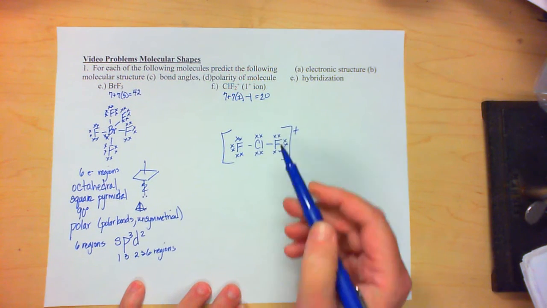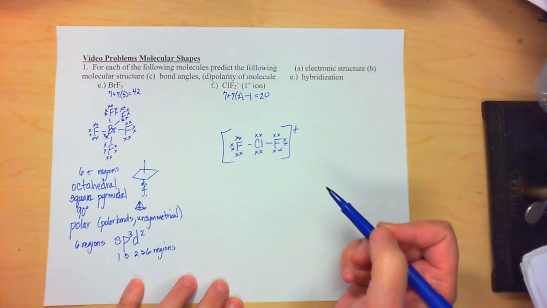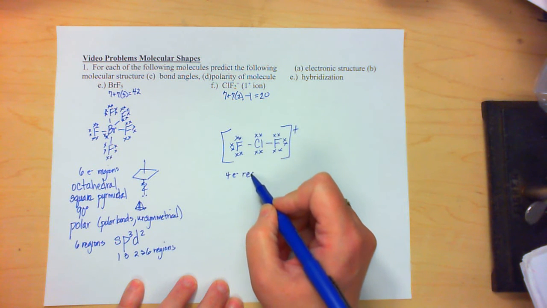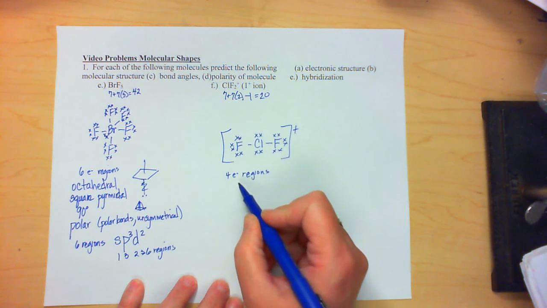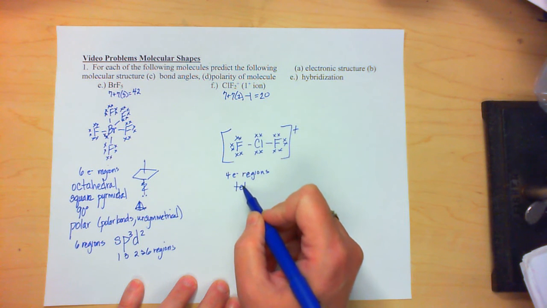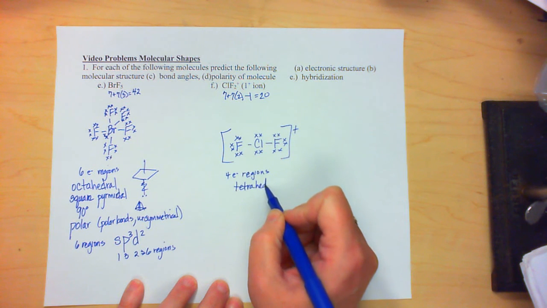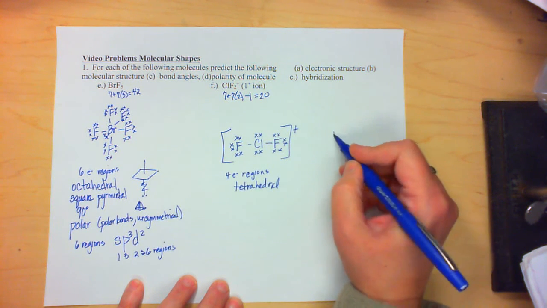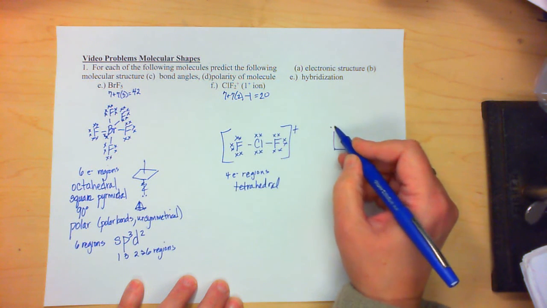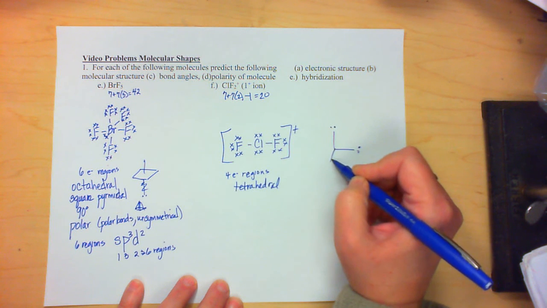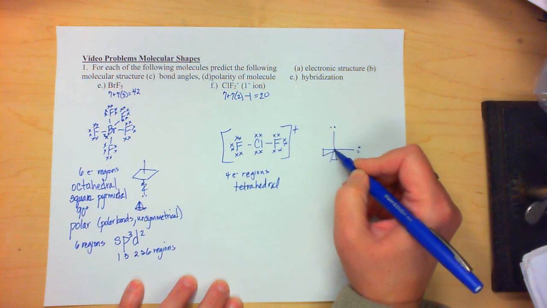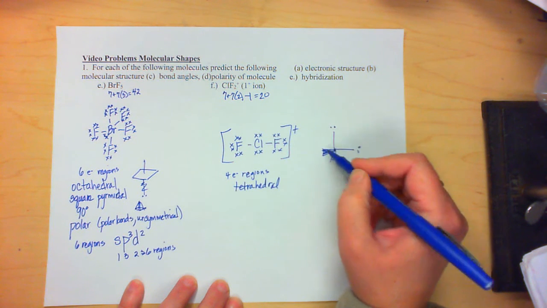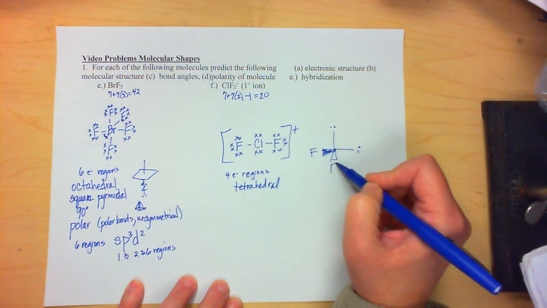Now, if we look at chlorine, which is our central atom, we have 4 electron regions. So our electronic structure is tetrahedral. But if we look at it, two of the regions are lone pairs.